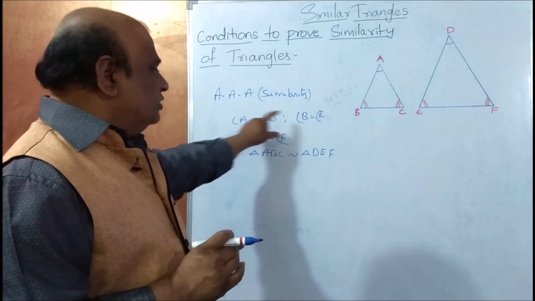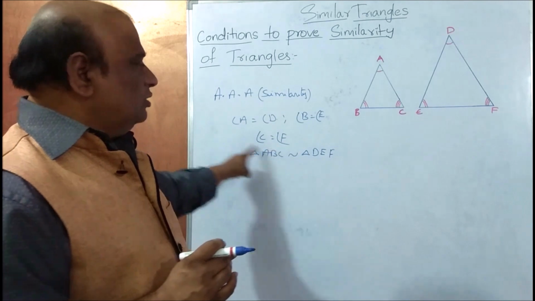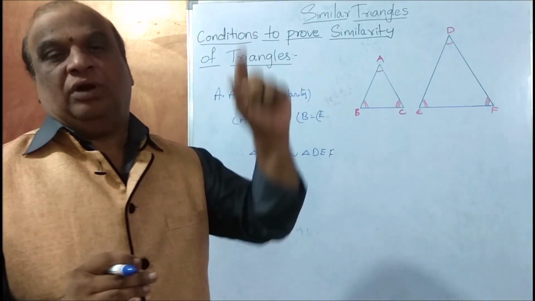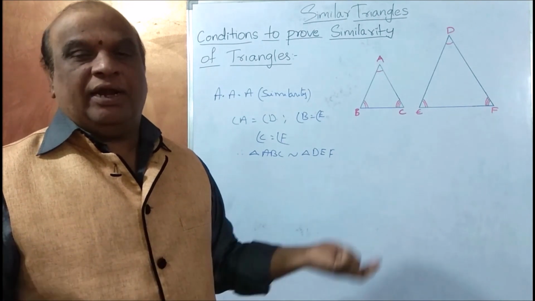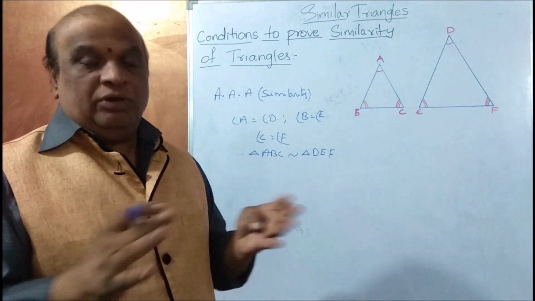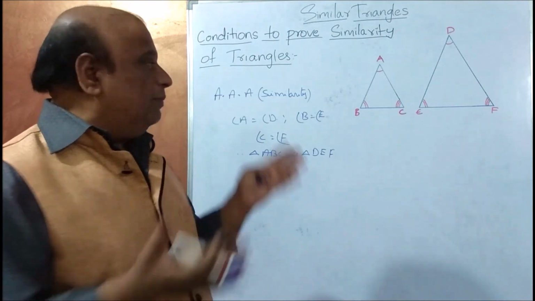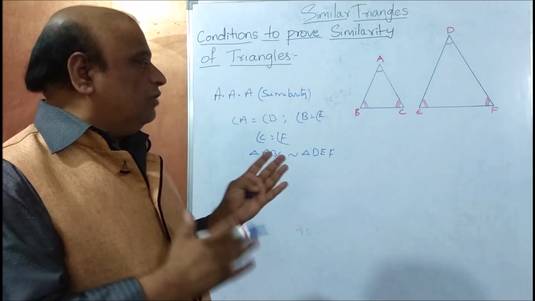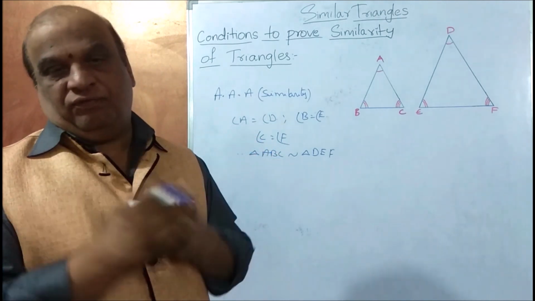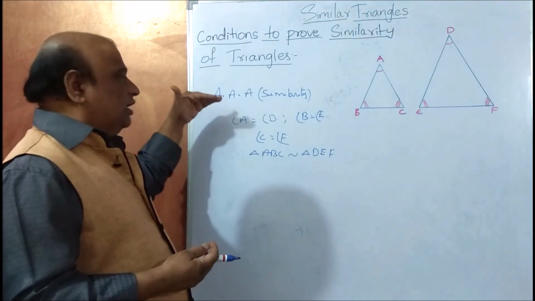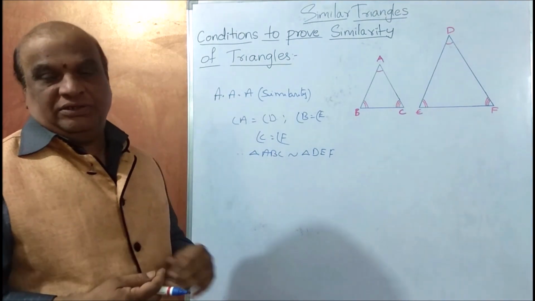So simply we have to check the corresponding angles only. After that we can take the ratio of sides: AB by DE is equal to AC by DF is equal to BC by EF. So this advantage is given from this condition.